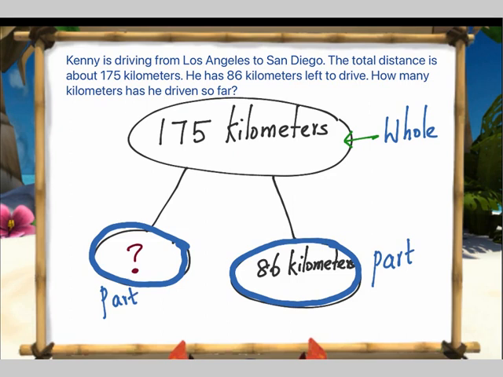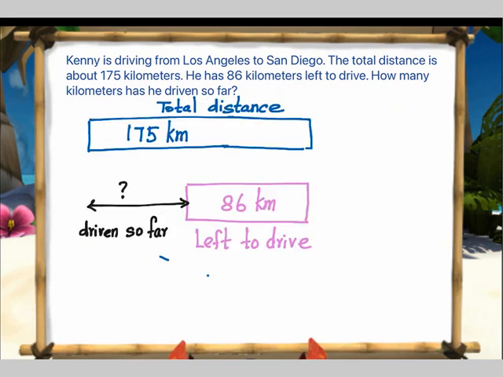Whenever we know one part and we have to find the other part, we have to go for subtraction. So we have to model this problem with a tape diagram to figure out what we need to do to solve. Okay, so the missing part here is how much he has driven so far. That is what we have to find.